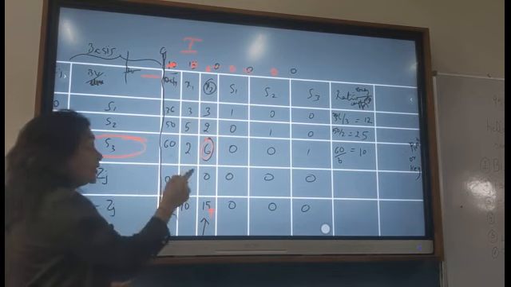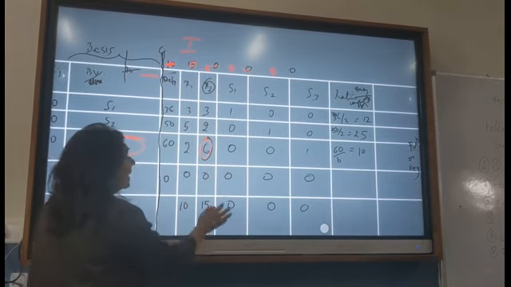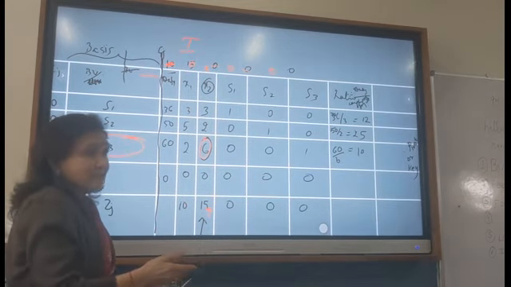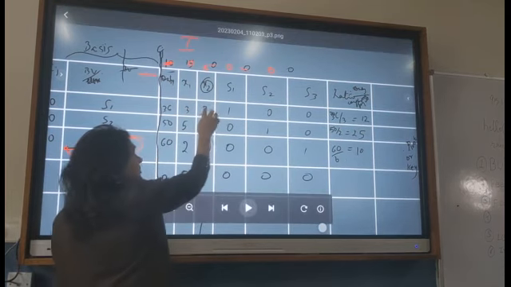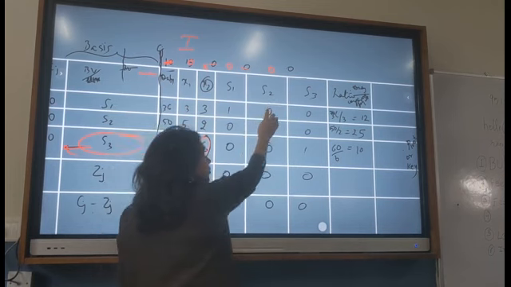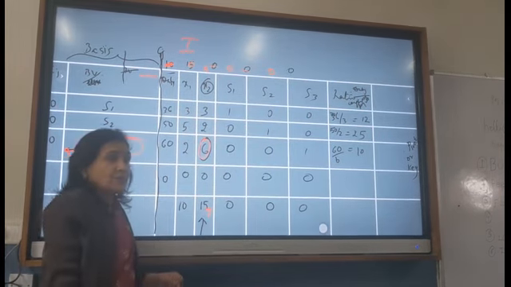Then I look at the equations and I write the values. For example, the first equation was 3x1 plus 3x2 plus s1. So under x1 I will write 3, under x2 I will write 3, s1 was 1, there was no s2, s3 in the equation, so I will write 0, 0.